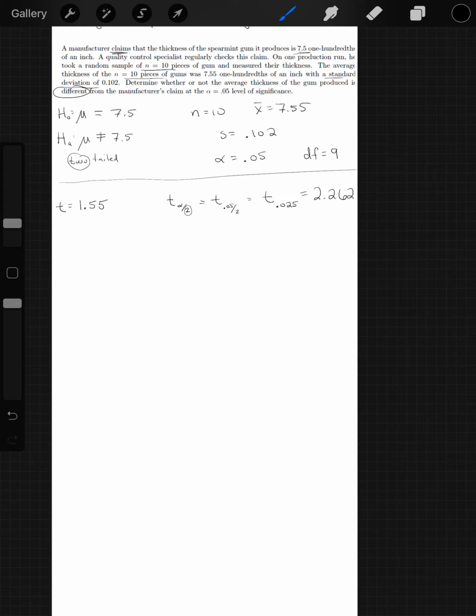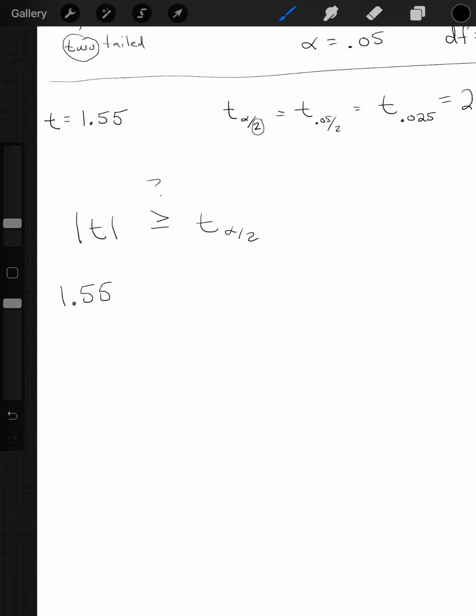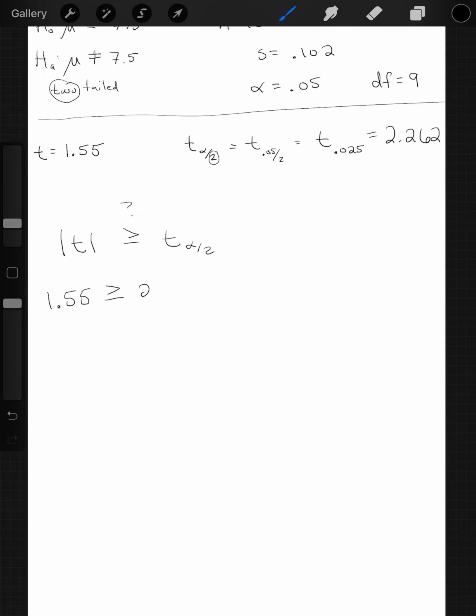Right. And so our rejection region rule asked whether or not the absolute value of T was greater than T sub alpha over 2. So that's going to be is 1.55 greater than or equal to 2.262.